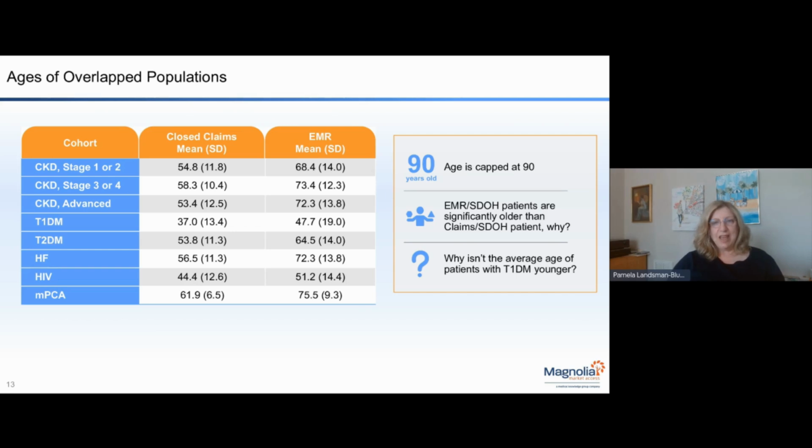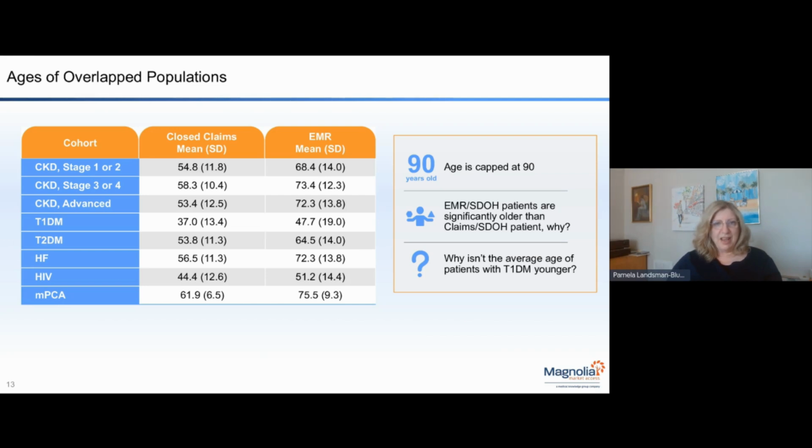Age is capped at 90 years of age, actually in both the clinical databases and the social determinants of health. That is not uncommon. Some databases may cap at 85. So there is a cap on age. There's no lower limit.